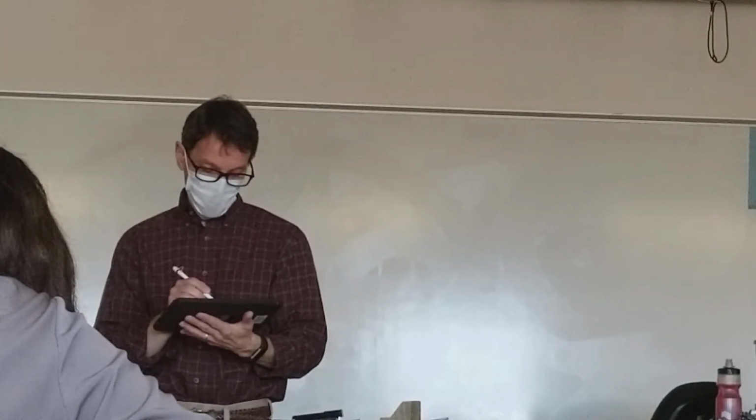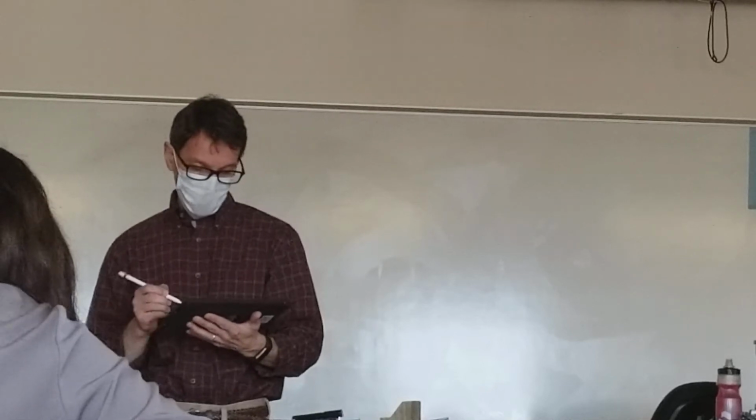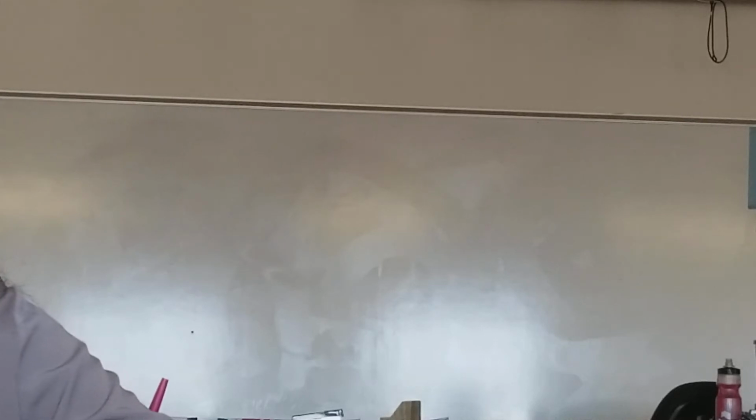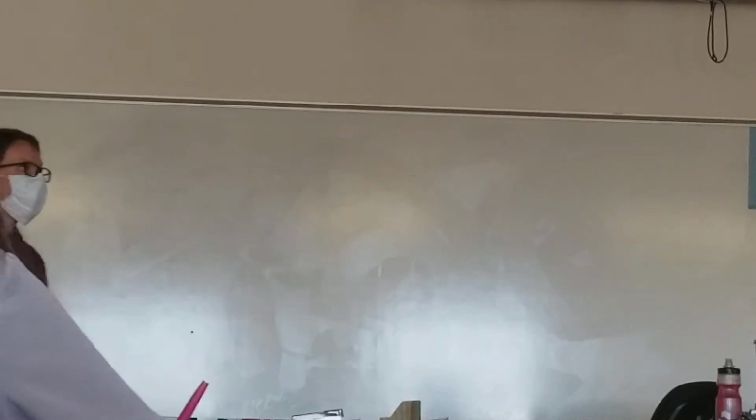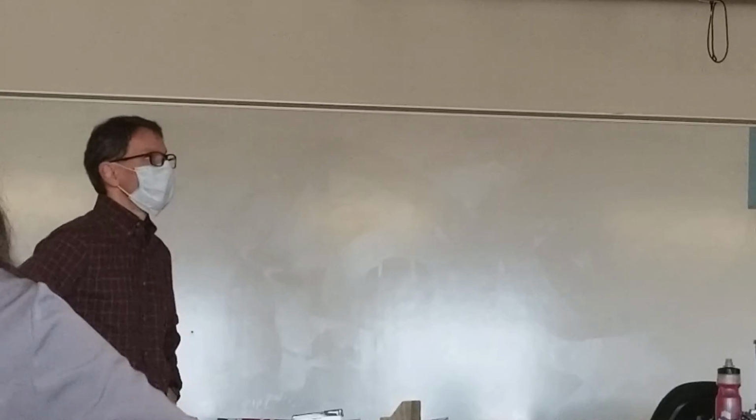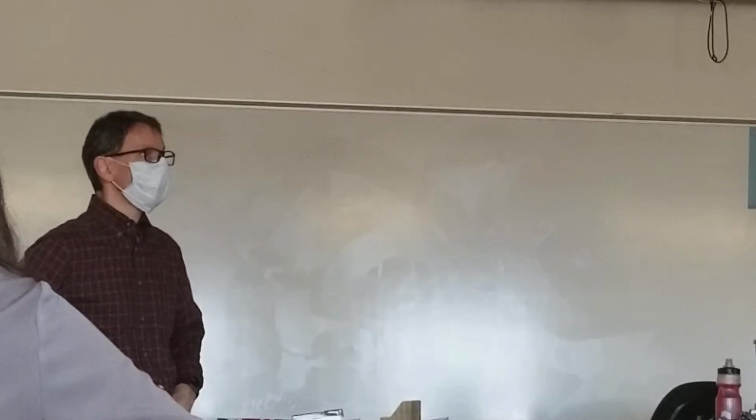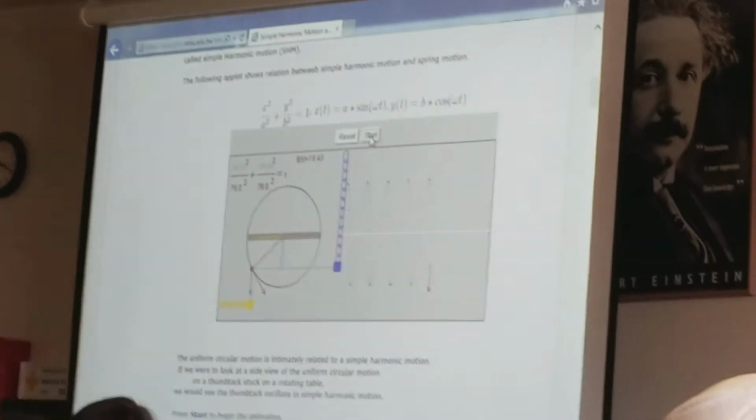Now I'm going to reset this so that we can see this from the side again. And we can also do the following. We'll let it start. I'm just going to let it run for a moment while I talk about it. On the right-hand side, the graph you see being created, the sine function graph, is a position versus time graph.